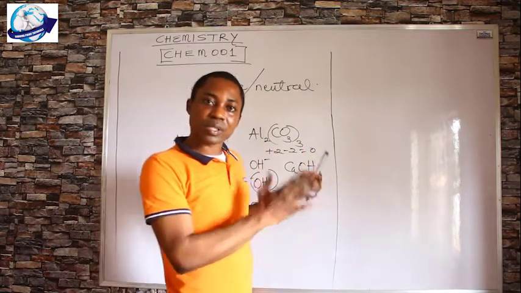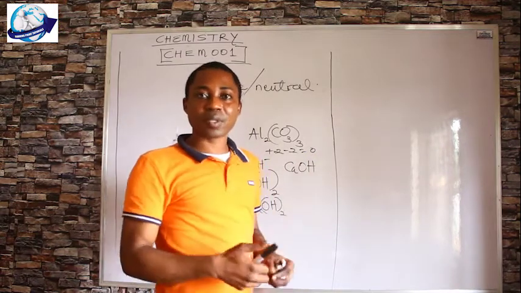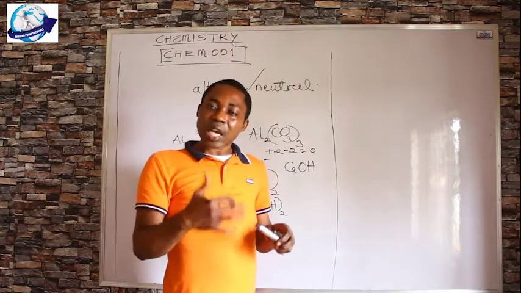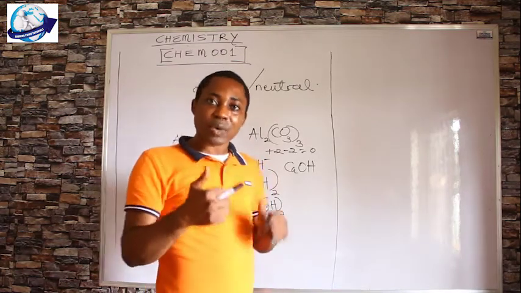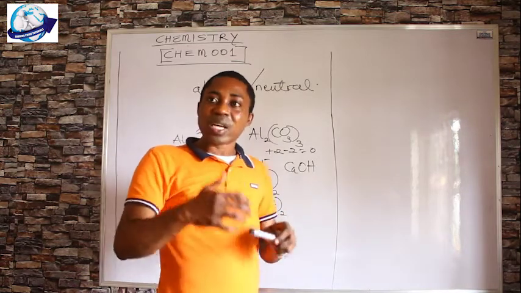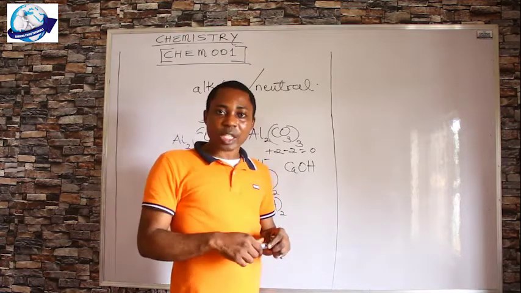It's either you do it in alkaline or neutral medium, or you carry it out in acidic medium. Then the next thing to understand is the type of products that you expect at the end of the redox reaction. It depends largely on the medium in which the reaction takes place.